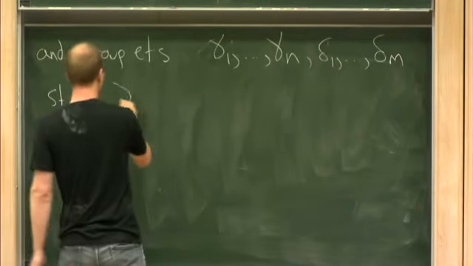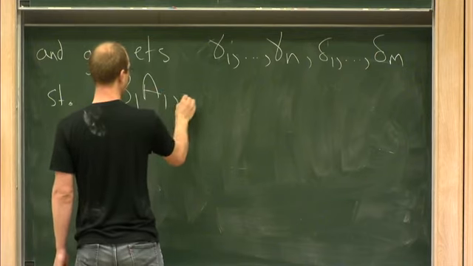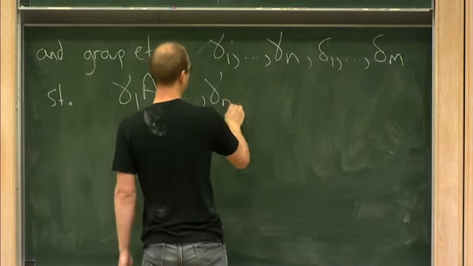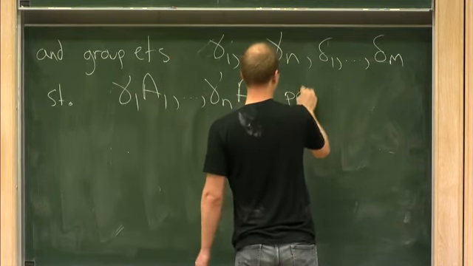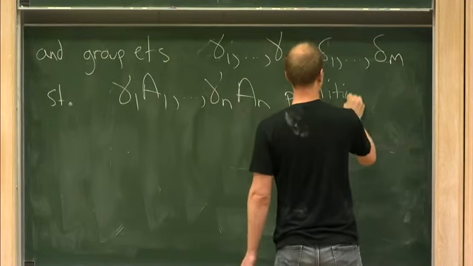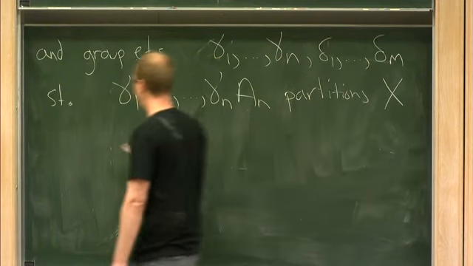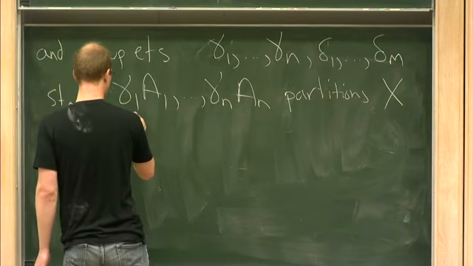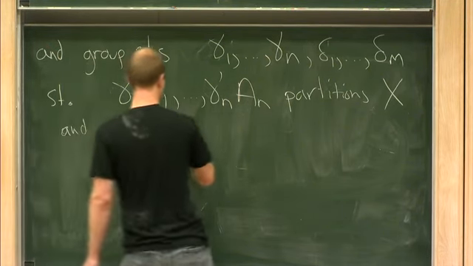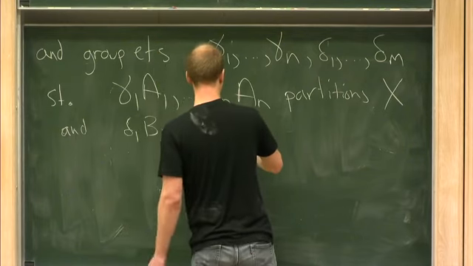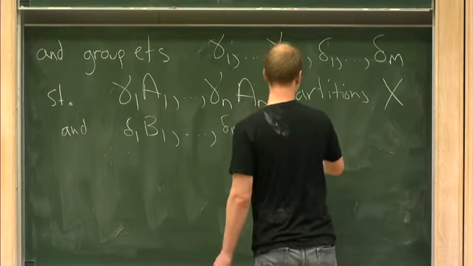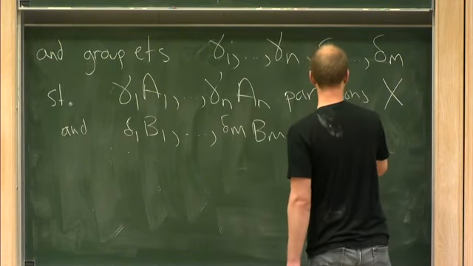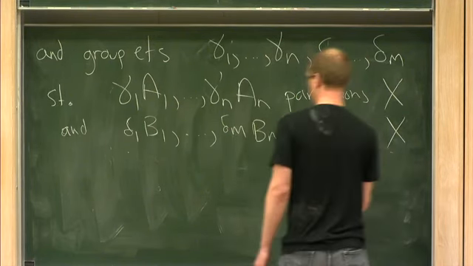So that both gamma 1 A1 up through gamma n AN partitions X. And delta 1 B1 up through delta M BM partitions X. Okay.